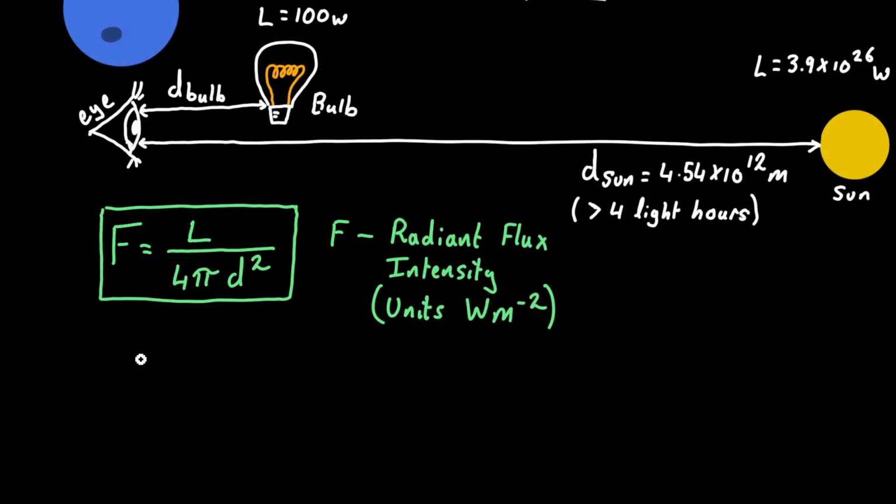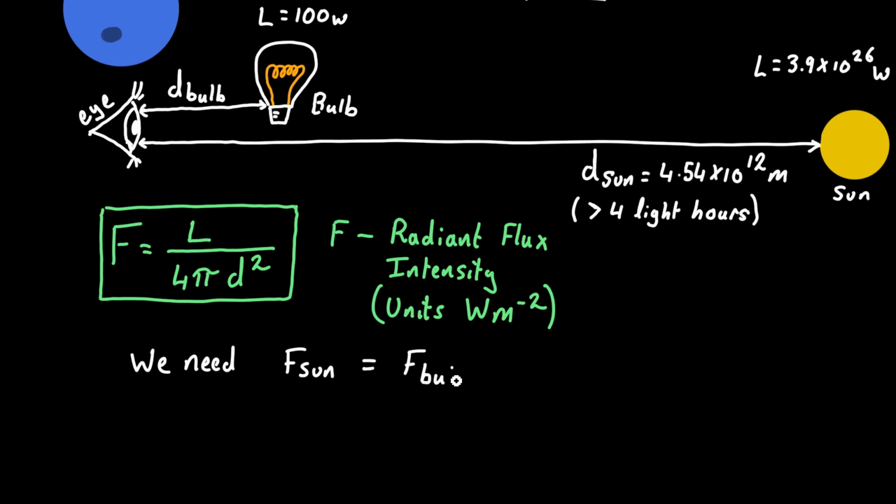That's why we divide the total luminosity of this object, the amount of energy it's releasing per second, by the surface area of the sphere. That gives us our flux intensity in terms of watts per meter squared. If you're studying physics, you need to be able to remember this formula and be able to use it. So let me show you how I worked out my previous problem.